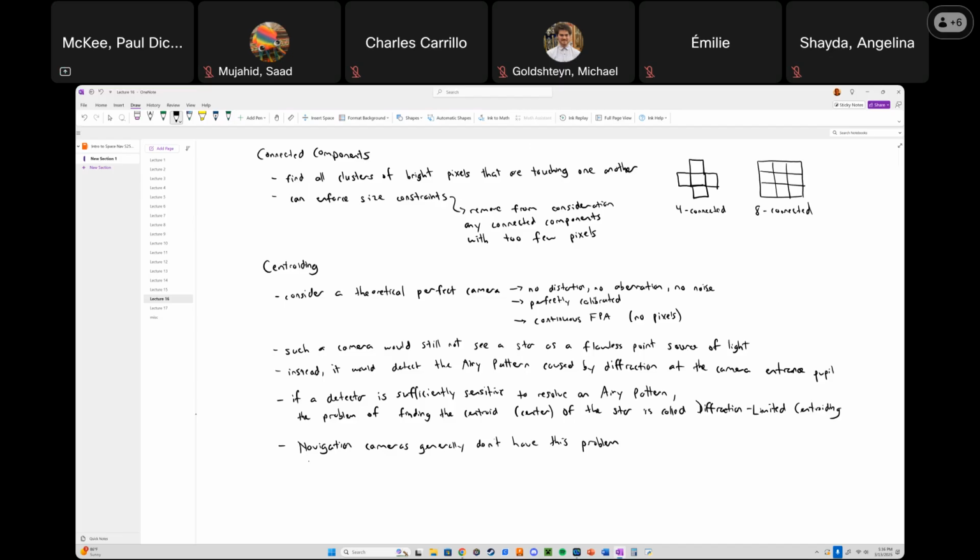So instead, a star point spread function or PSF will appear pixelated. Which gives us detector limited centroiding.